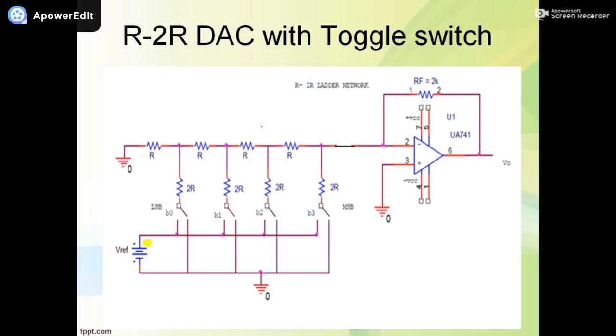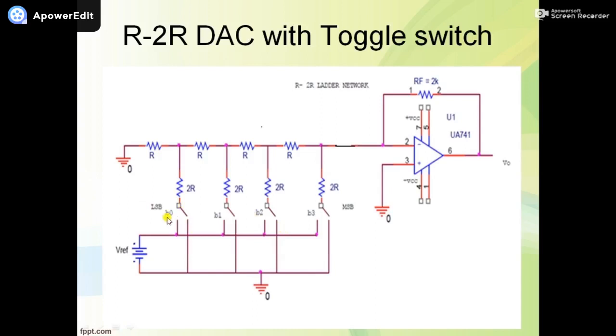For the reference voltage, consider DC voltage like 5 volt. One more very important thing is that when you apply V reference equal to 5 volt, then only are these switches in active or closed condition.